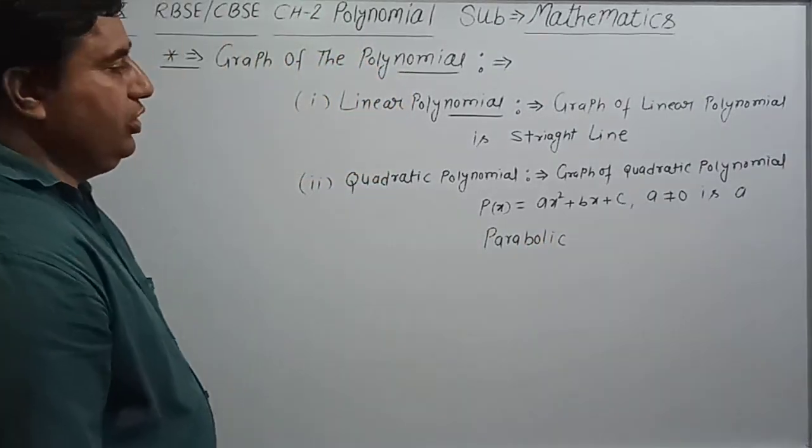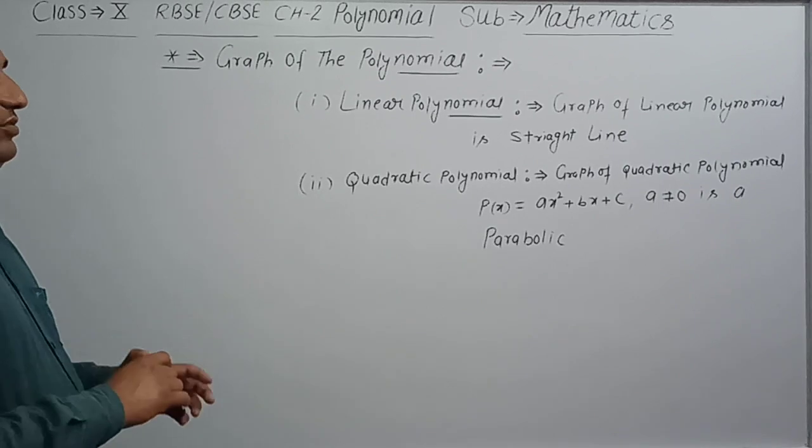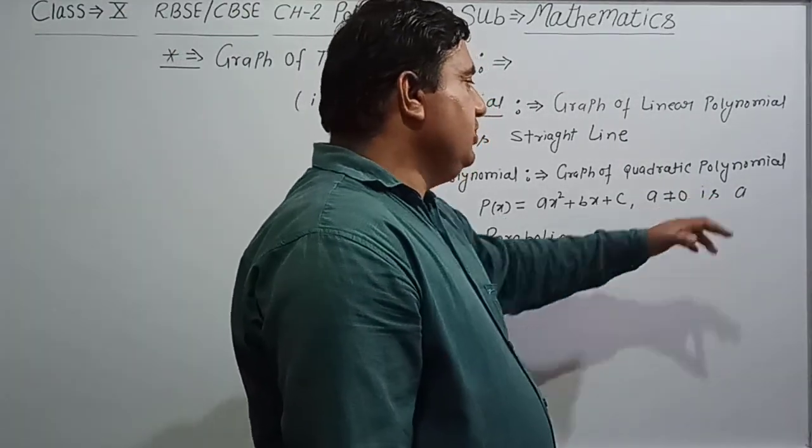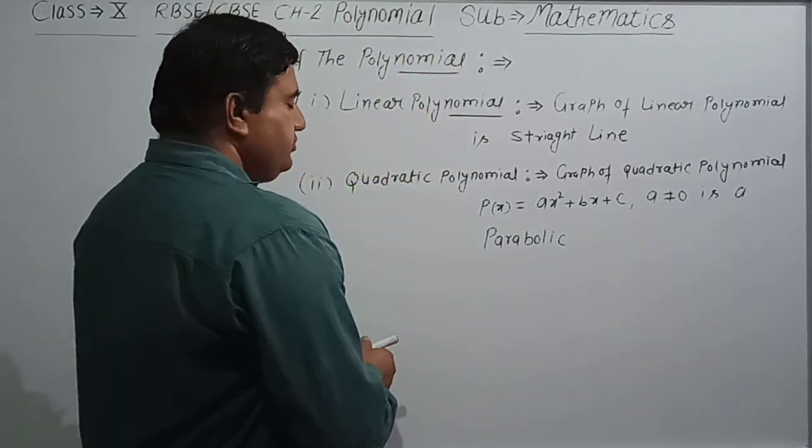Graph of quadratic polynomial p(x) equals ax square plus bx plus c, where a not equal to 0, is a parabola.